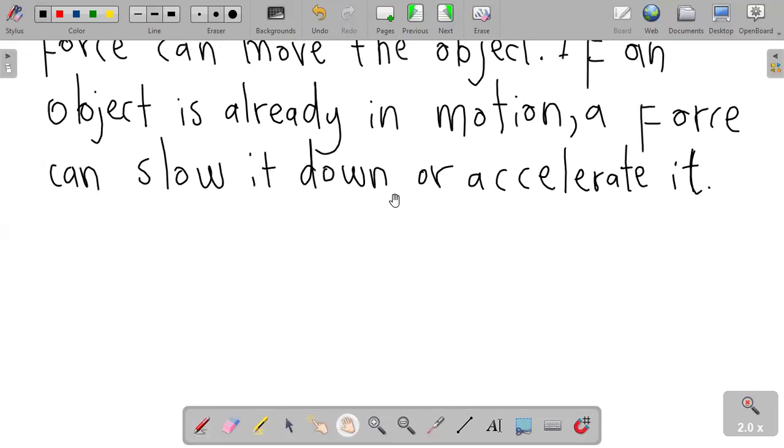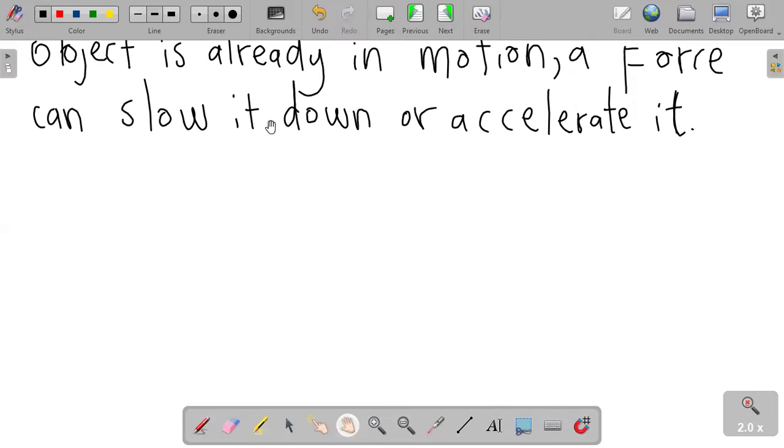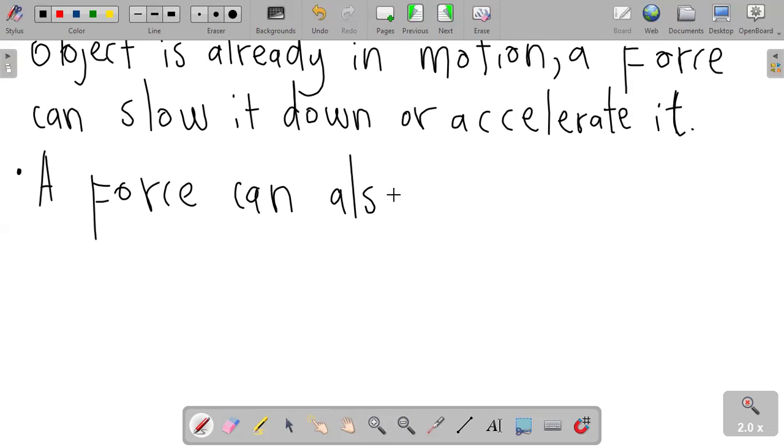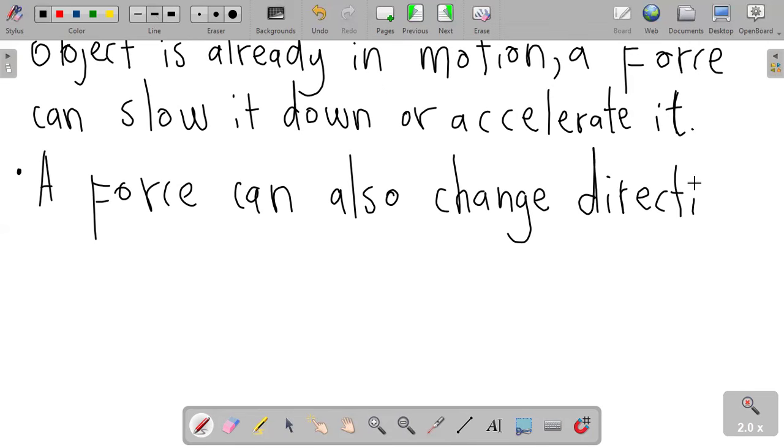Okay. And then direction. So a force can also change direction of a moving object.